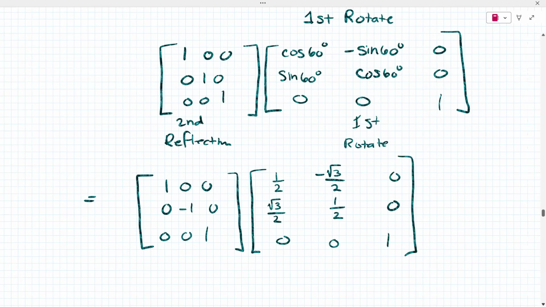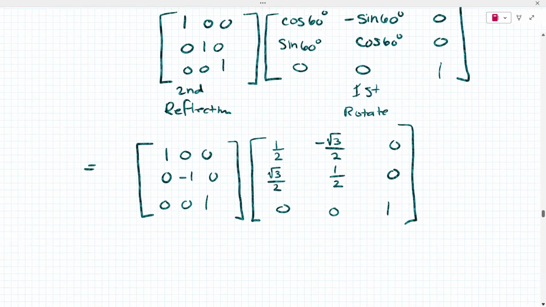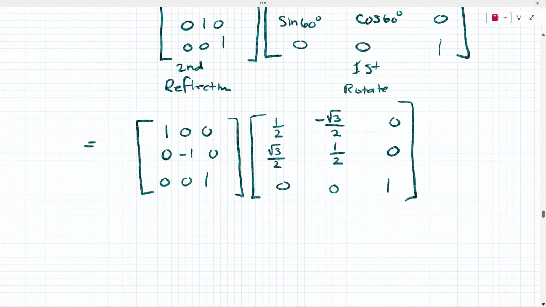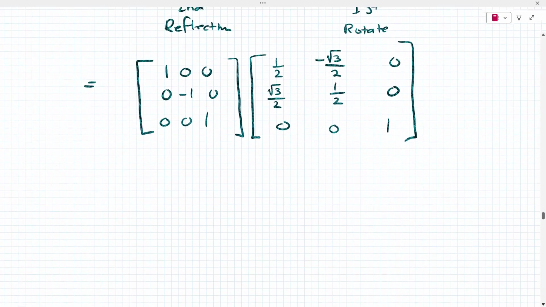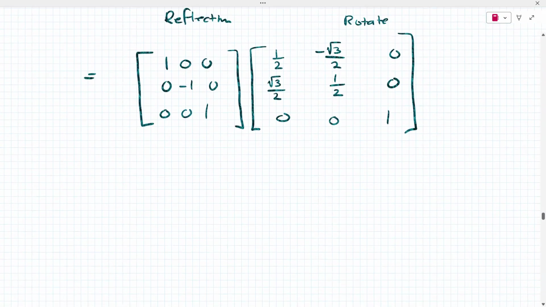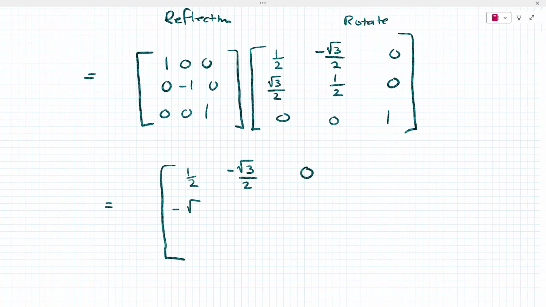Okay. And when you multiply out those two matrices, you get 1/2, negative radical 3 over 2, 0, negative radical 3 over 2, negative 1/2, 0, 0, 0, 1.